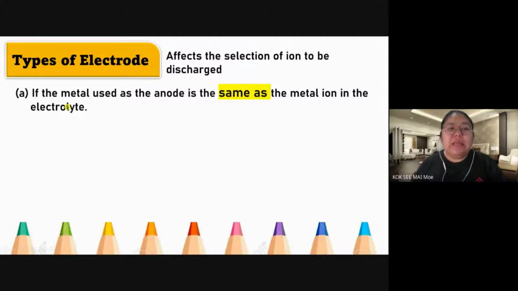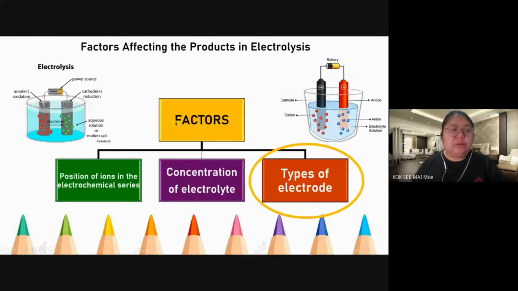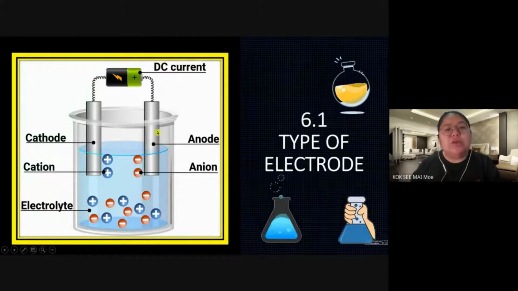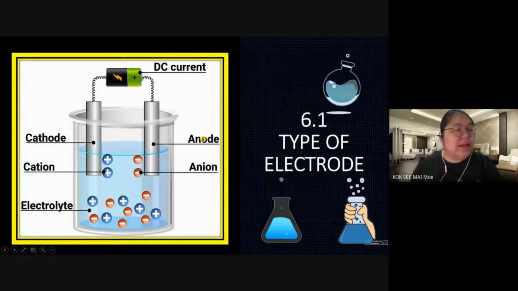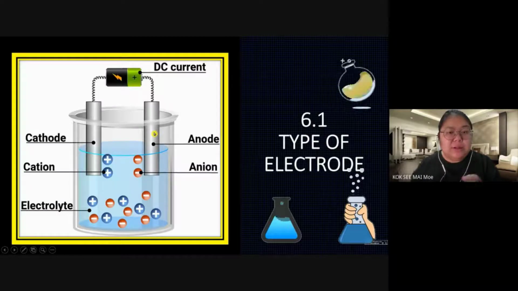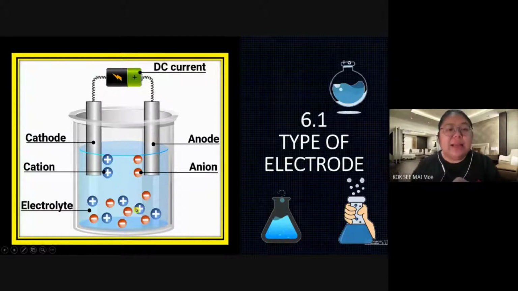First, if the metal we use as the electrode at the anode is the same as the metal ion in the electrolyte. I'll show the diagram first. This one is the cathode, and the anode is the electrode. So the metal in the anode is the same as the ion in the electrolyte.